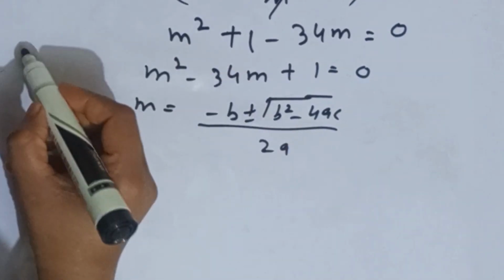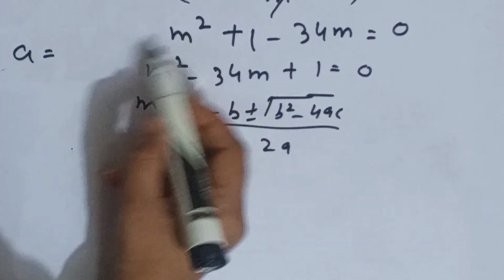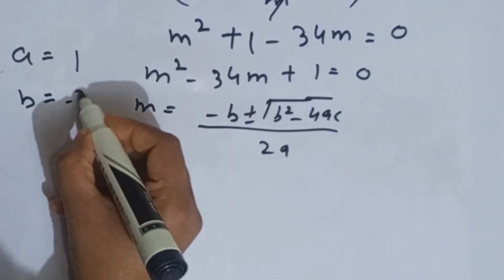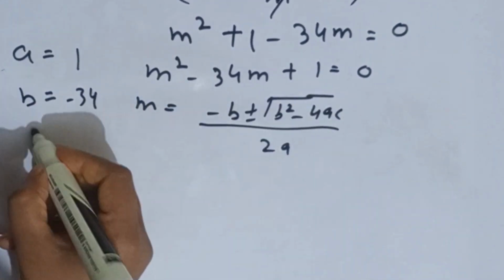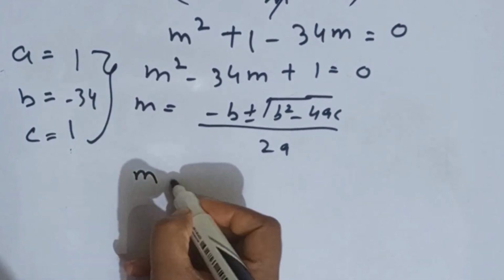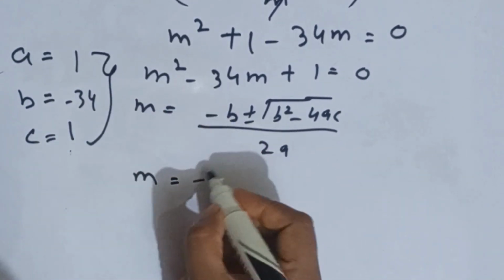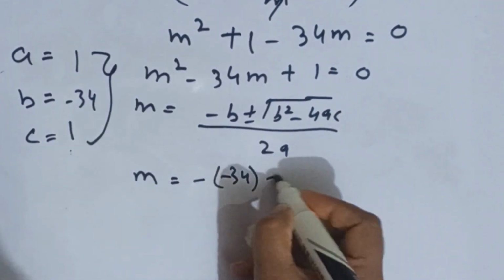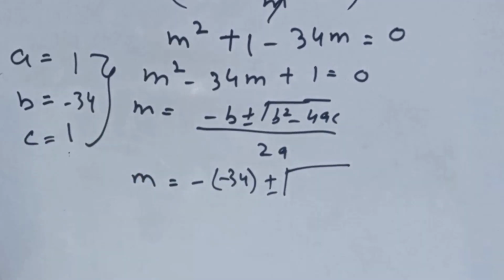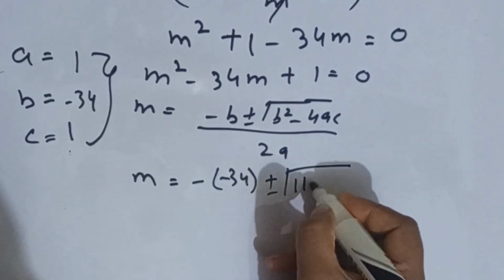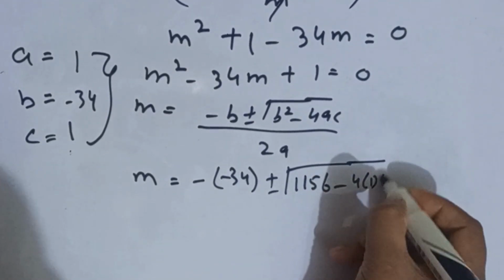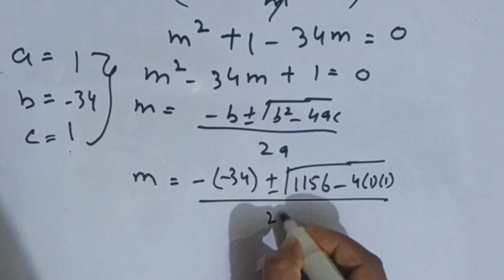In this equation, a is the coefficient of m square, which is 1, b is the coefficient of m, which is minus 34, and c is the constant, which is 1. Substituting, m equals minus of minus 34 plus or minus the square root of minus 34 square, which is 1156, minus 4 times 1 times 1, over 2 times 1.